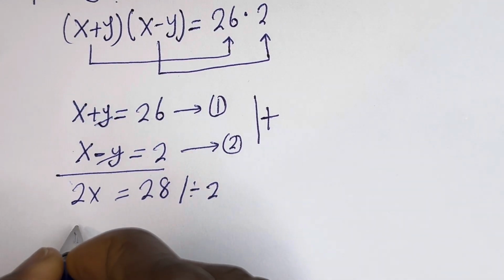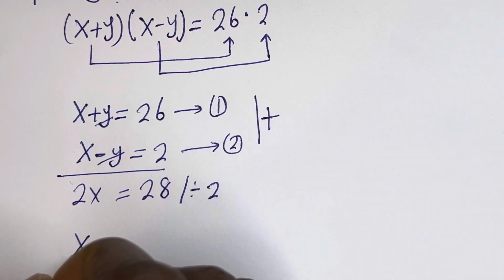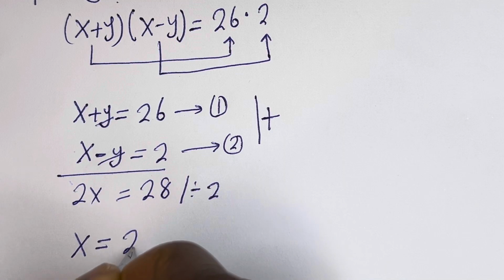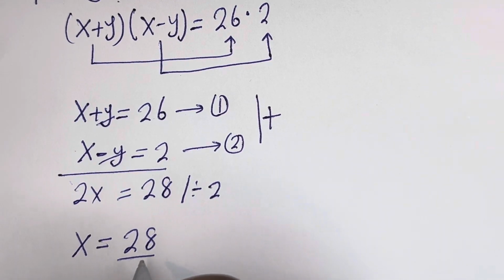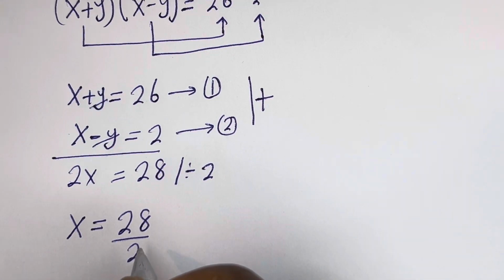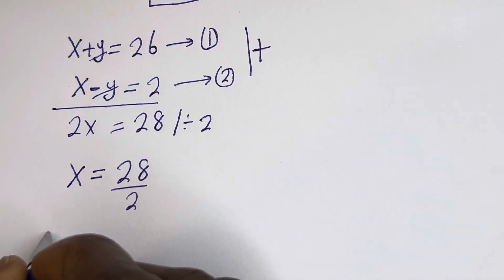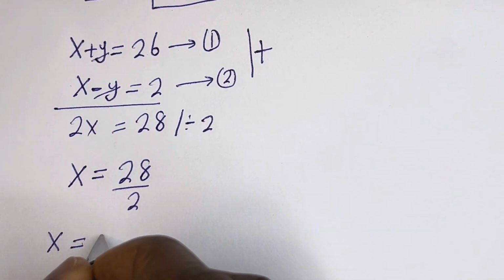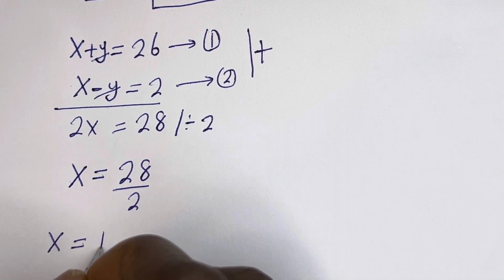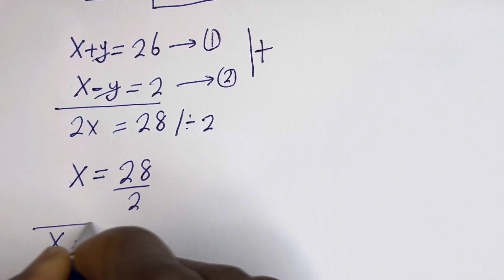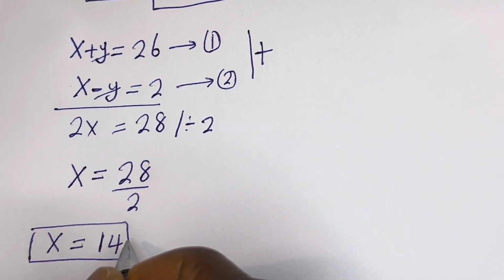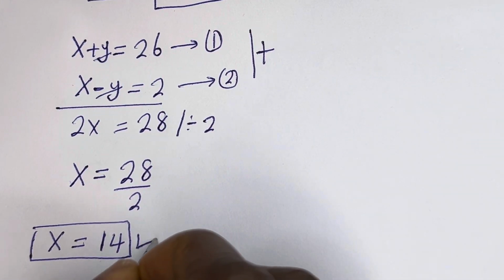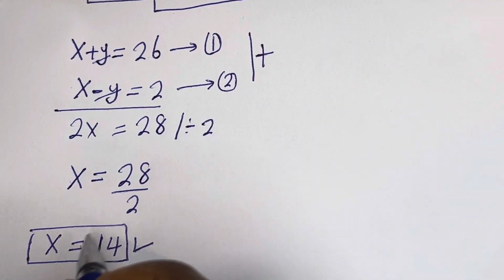We have x is equal to 28 divided by 2. Then x is equal to 14. This is the value of x, and this is a natural number. It is accepted.